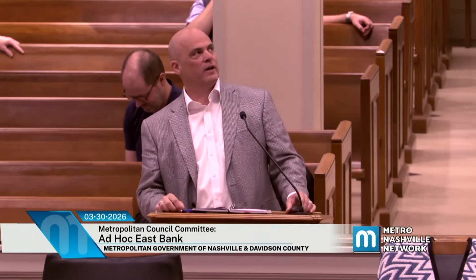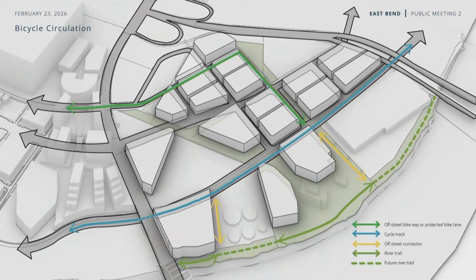Then this is the bikeway network that we have today, right? This is at a minimum what we plan to do. And as we have these conversations with the group that I've already talked about, it may change some, but the idea is to have these protected bike lanes, where you see it in green and in blue, and then the connectors that bring you down within the parcel that's to the east of Davidson down to the river.